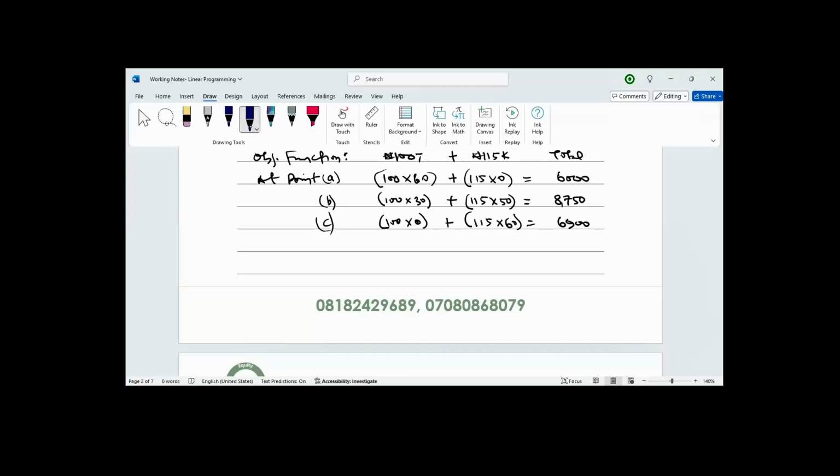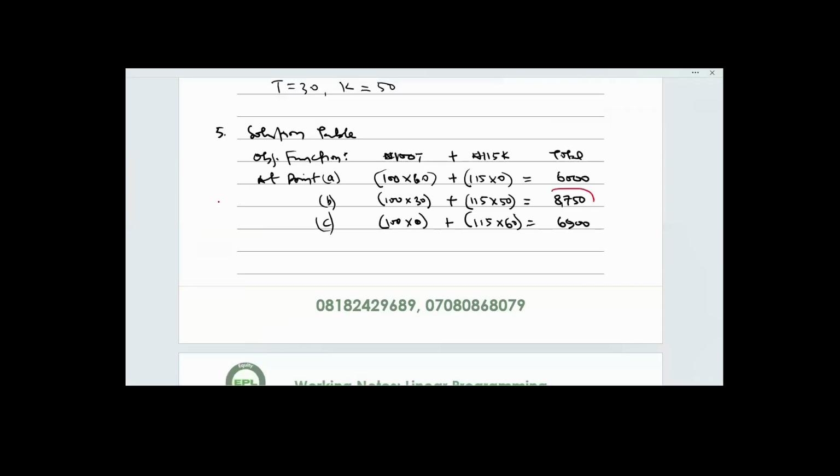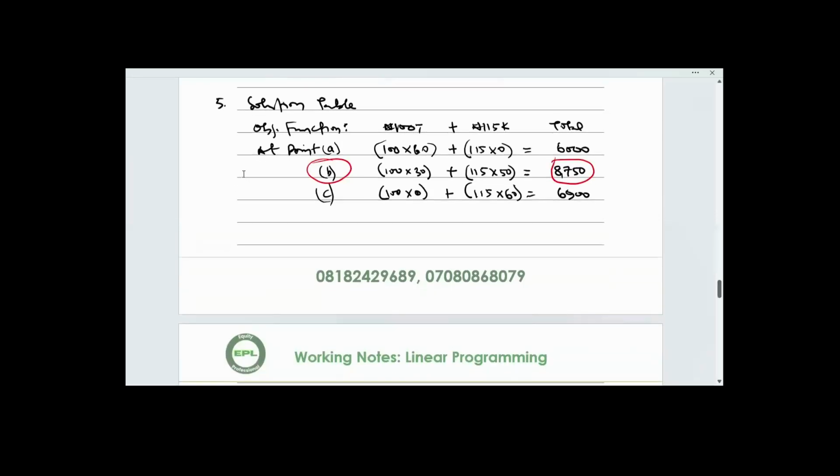So in this case, the highest number here is 8,750. At point B, that's where you have the highest number. That is the optimal level of activity. So point B is the maximum, the optimal level of activity.